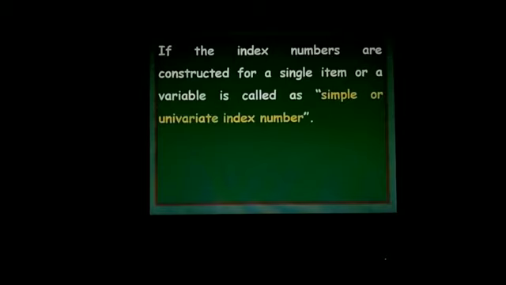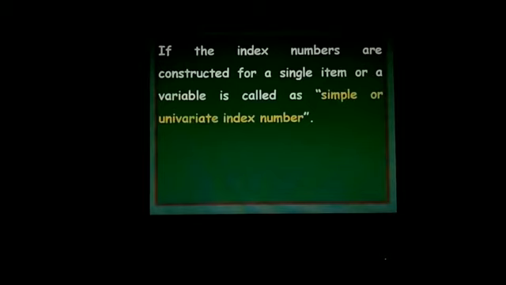In that we are observing what you mean by simple index number. In my explanation in the beginning, I had told you the index numbers deal with a variable or group of variables, and I had given the example of a notebook alone, and notebook, pen, bag and other related materials as a group of variables.